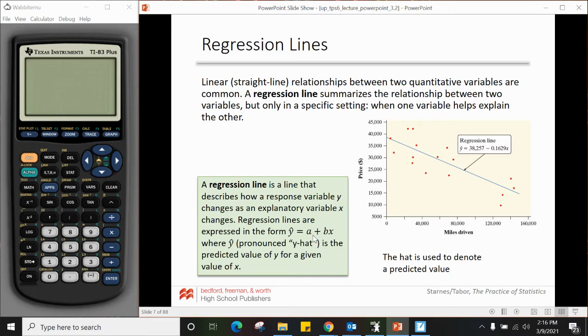Y hat, the hat, is specifically why we have to use y hat: it is used to denote a predicted value. So it's how they know, hey, this is a predicted value. And this is why notation is really important. If I said y equals something, well, that's telling me that I have a data point where y equals that. If I say y hat, that is an estimate or a predicted value.